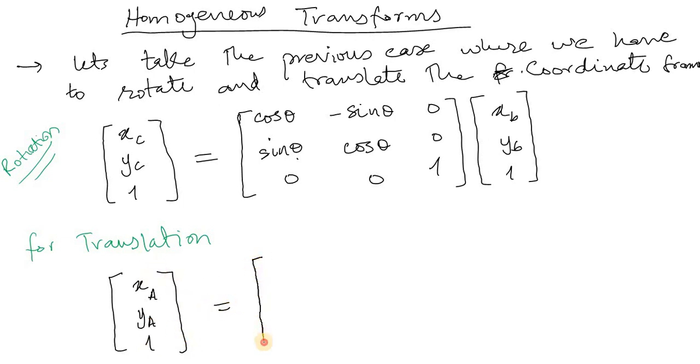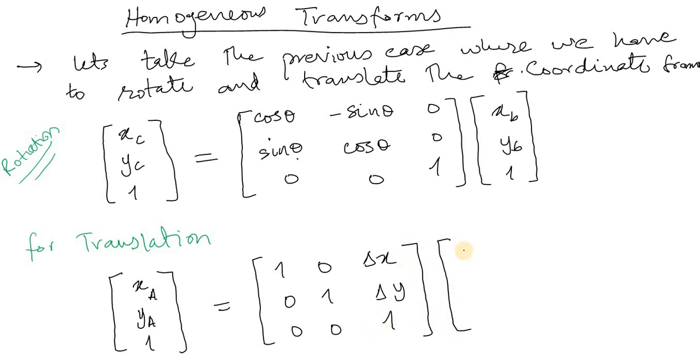What you need to do is multiply your translation matrix with your intermediate coordinates. So you see the resemblance, what's going on here.